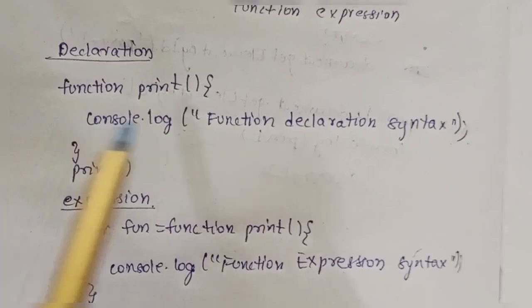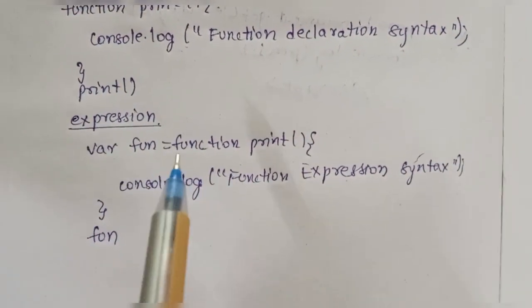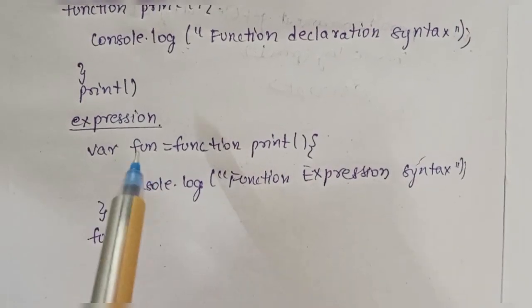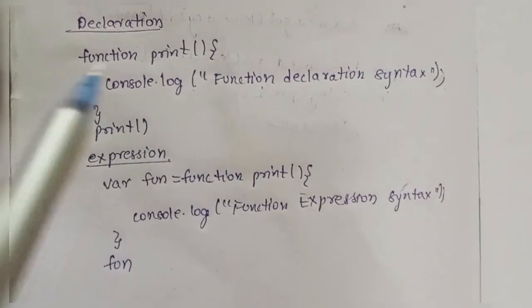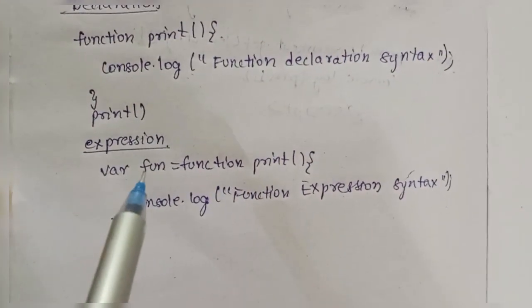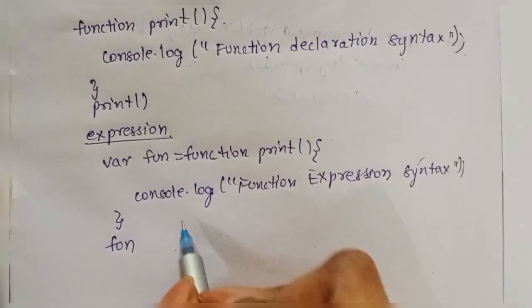Mainly in declaration, we use the function keyword. In this function expression, we are assigning the function to a variable called fun, which is called a function. Both are almost the same, but we are assigning it to a variable. They perform the same.